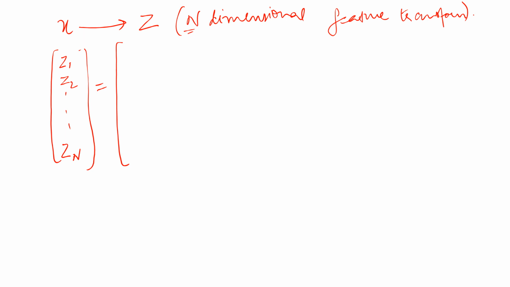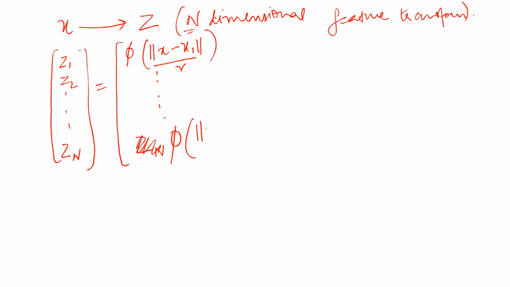Each one of these features is essentially this function phi calculated for one test point: x minus x1 over r, and the second one is going to be x minus x2 over r, and so on, up to phi of x minus xn over r. And you can think about each of these components, let's say any kth feature, as the kernel applied on x minus the kth point, the distance to the kth point, right?